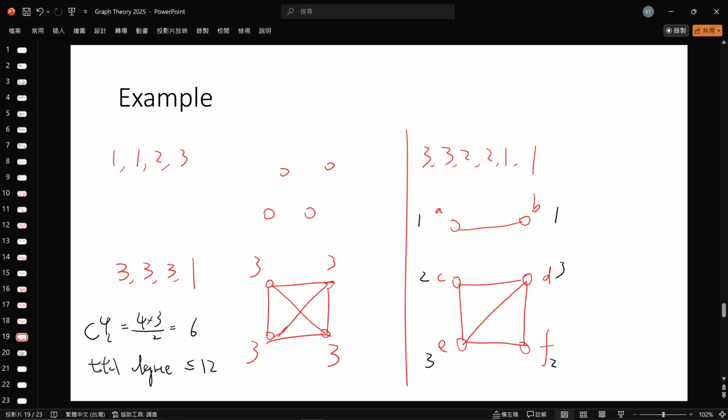I want to stress that at this moment we have some simple checks, like the total degree is odd, or the maximum degree is too large, or the total degree is too large. Yes, we can use these simple checks to filter out some degree sequences that are not graphical. But even if the degree sequence passes all these simple checks, it is still possible that it is not graphical.